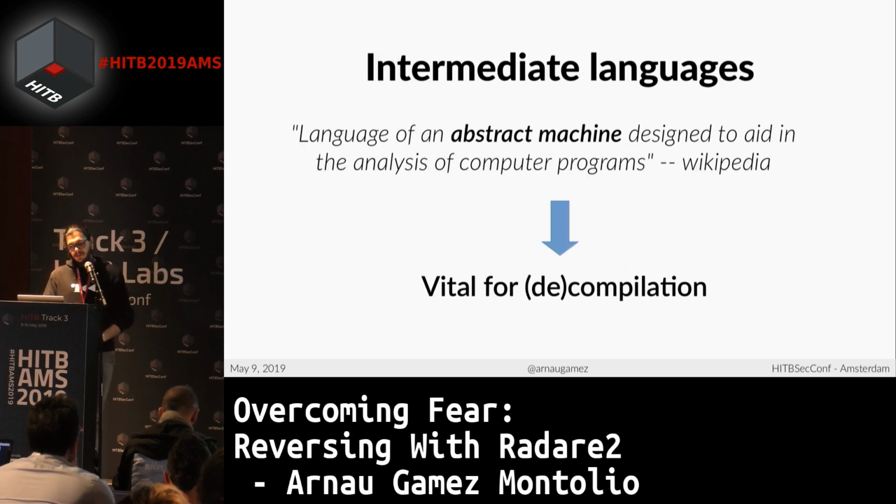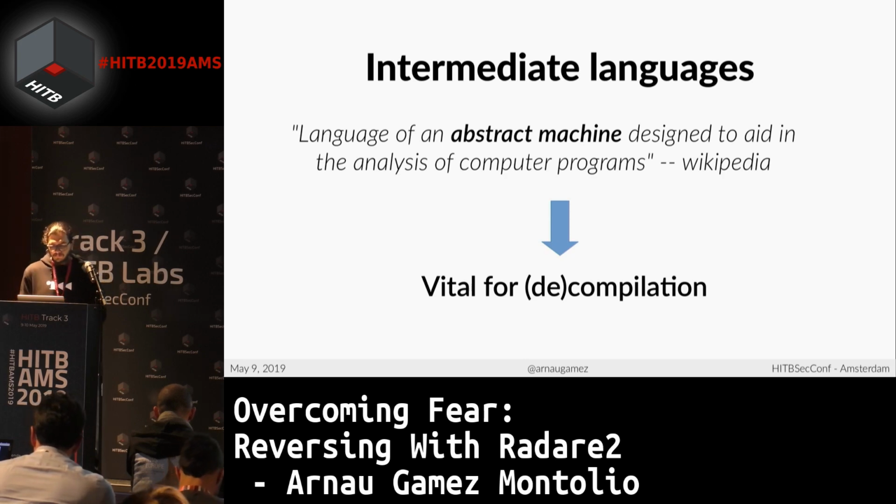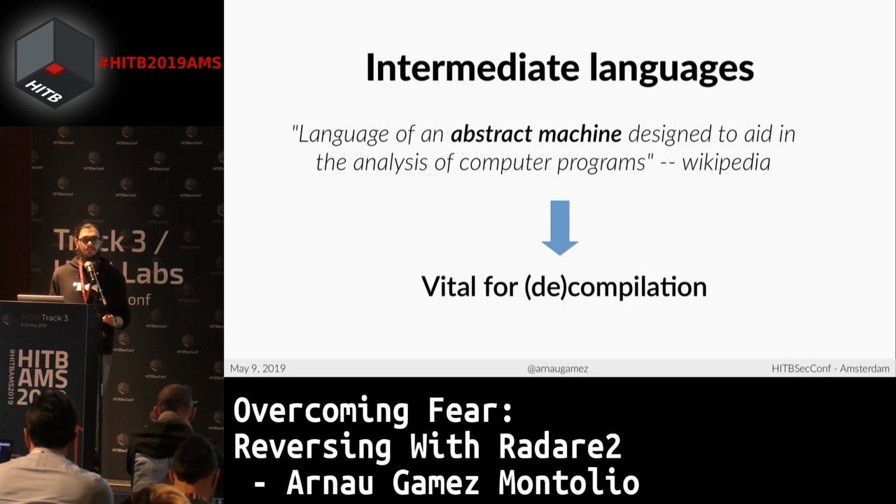So one important thing on emulation is the concept of intermediate languages. I won't go very deep into theory. It's just an abstract machine that helps in the analysis of computer programs. As the name says, it's an intermediate language between the code that is written and the assembly that helps us in the analysis.